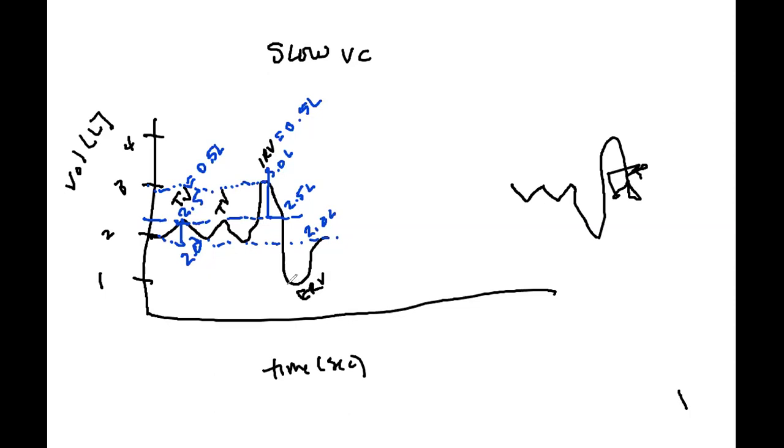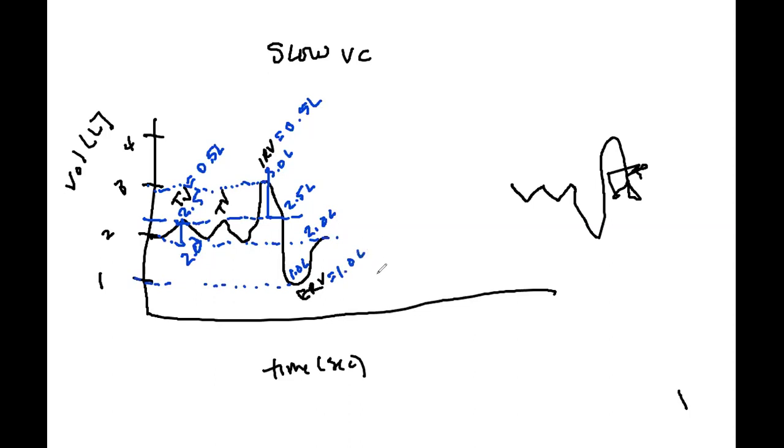And then where does the bottom of this waveform end? We're going to say it ends at 1 liter. So this is 1.0 liters. So expiratory reserve volume is 2 minus 1 liter, which gives us 1.0 liters. Okay.